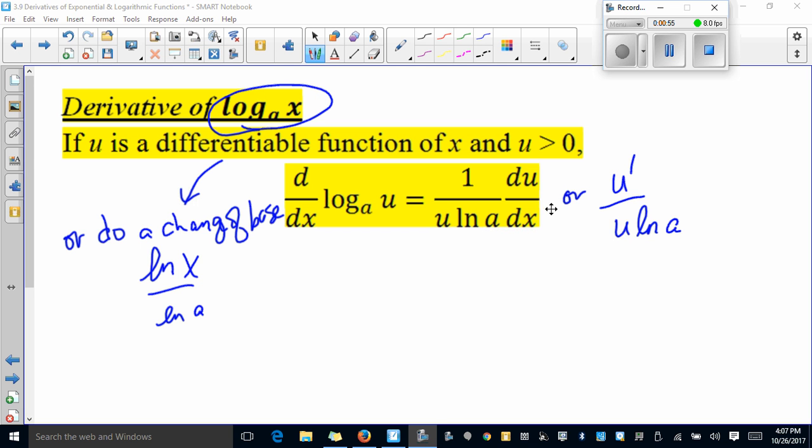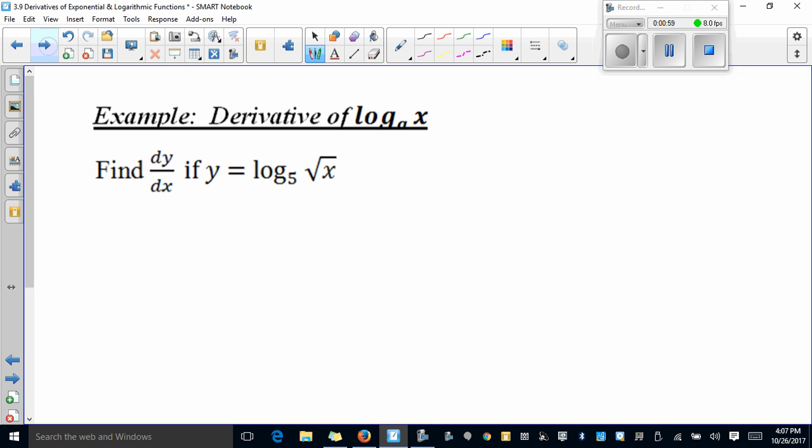Okay, so this one here, we're going to look at each of the pieces. I have a equal to 5, u is equal to x to the 1/2, so u prime equals 1/2 x to the negative 1/2, rewritten, it's 1 over 2 square root of x. And our derivative, y prime, would be u prime over u natural log of a.